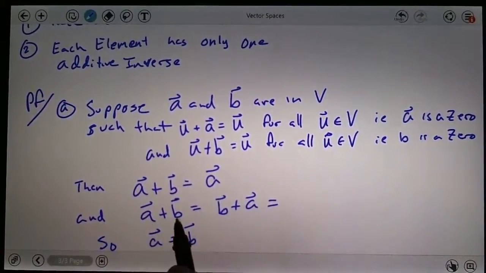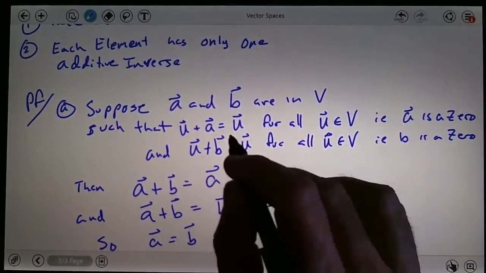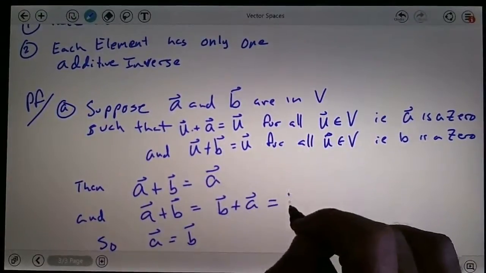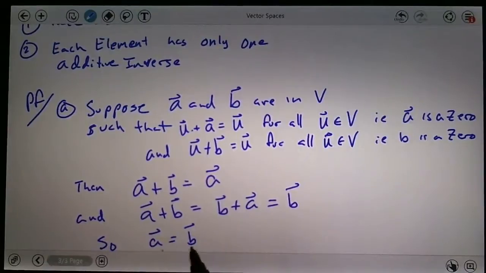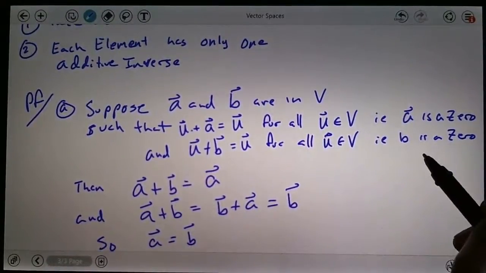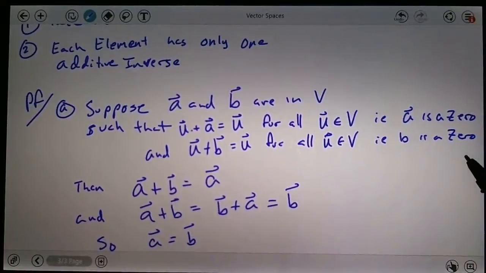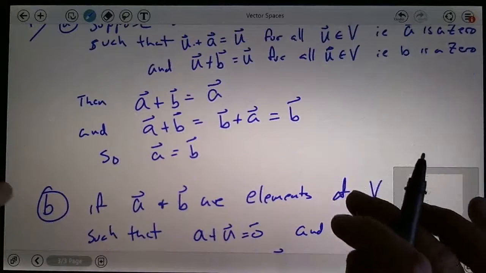But A plus B, if you turn it around, is B plus A. Well, anything plus A is that anything, so this must be a B. So I have A plus B equals A, I have A plus B equals B, so A equals B. If I have two things that are acting like zero, they're both the same thing. I have only one additive identity. I have only one zero element.